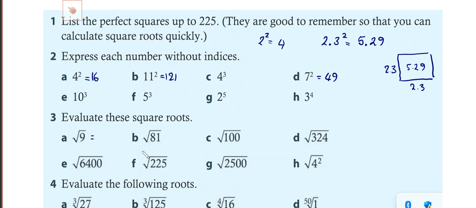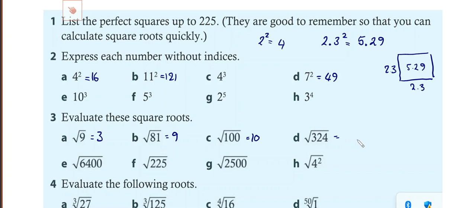Square root of 9? 3. Square root of 81? 9. Square root of 100? 10. Square root of 324? That would be... 18.